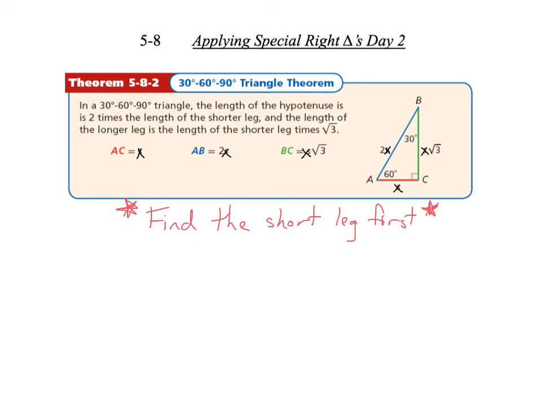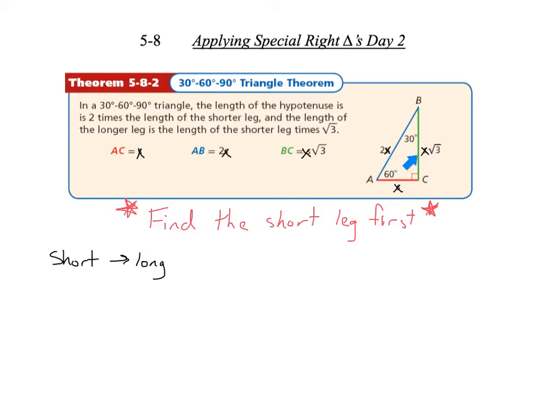Once I've got my short leg, if I need to find my long leg, here's what happens. From my short leg to my long leg, notice what happened. It changed from an x to an x square root of 3.